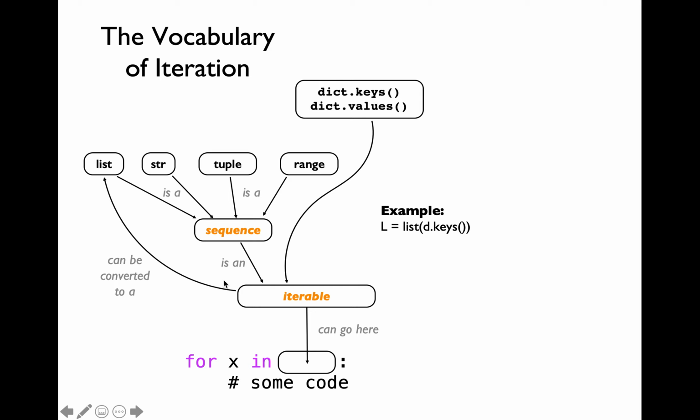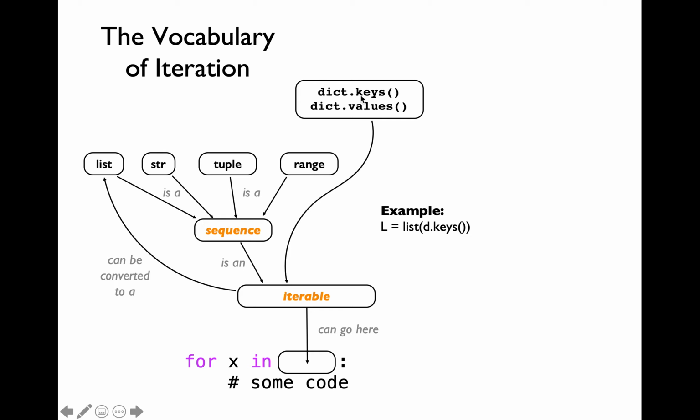Alright, another thing I want to point out is that anything which is iterable can be converted to a list, which creates this fancy loop. What do I mean by that? For instance, we know that a string is a sequence which is iterable, and based on the fact that you can convert anything iterable to a list, you should be able to convert your string to a list.